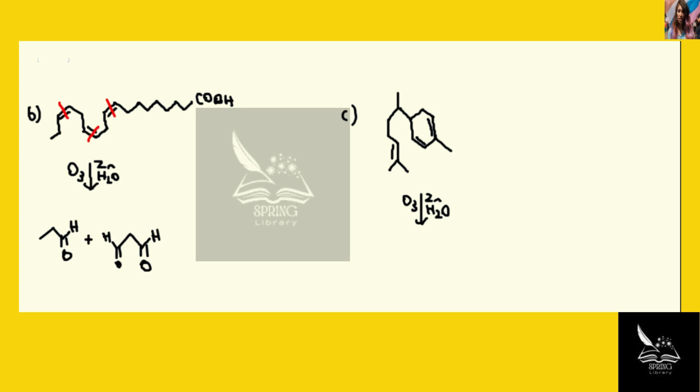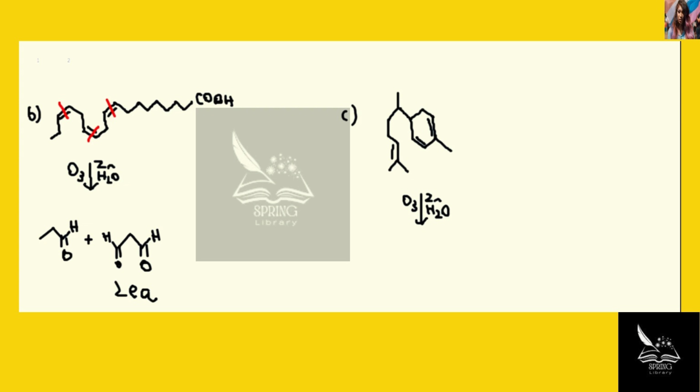So there will be 2 equivalents of this. I apologize. I'm experiencing some lag. That's why my writing is not looking so good here. There we go. 2 equivalents of that 3-carbon dialdehyde.